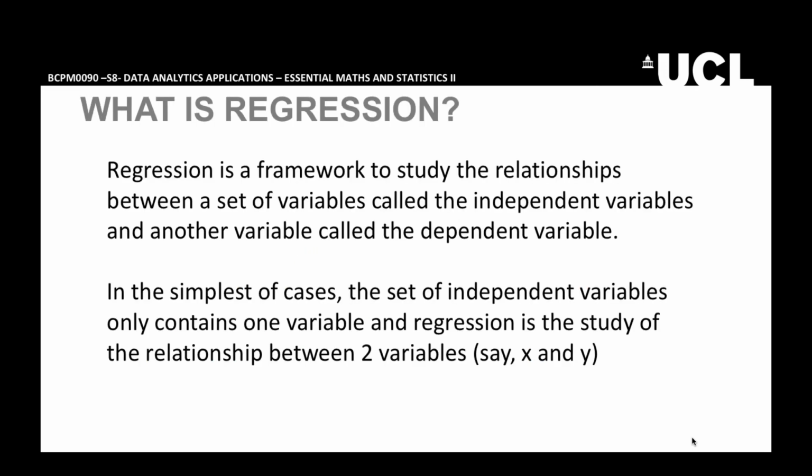So the regression analysis helps us to study the relationships between a set of variables called the independent variables and another variable which is called the dependent variable. In the simplest of cases, the set of independent variables only contains one variable, and regression is the study of the relationship between two variables, let's say x and y.